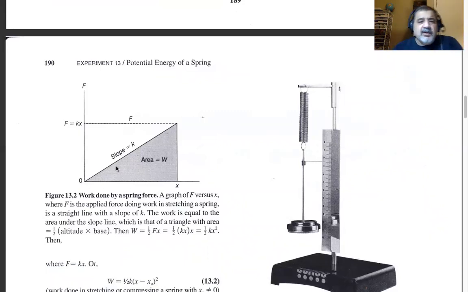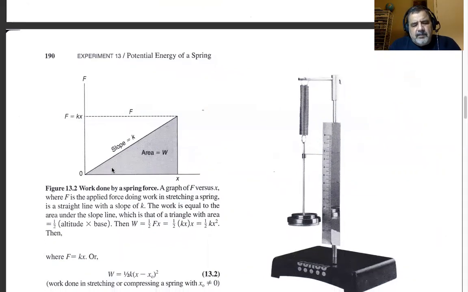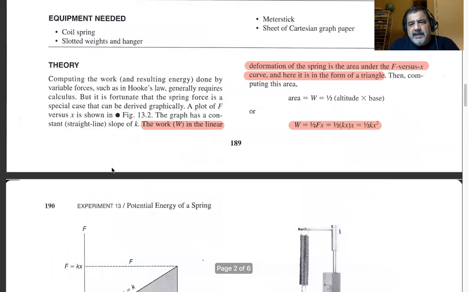So the area under the curve here is 1/2 of the base times the height, 1/2 times force times X. That's the work done. And this slope is your spring constant.